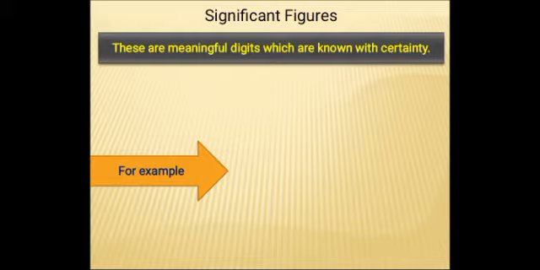So 3 point, this is the certain value. 3 point means the value is somewhere between 3 and 4, that is 3.2. But after that, how many digits are there? That is uncertain. So we need to find out the meaningful digits which are certain in that number.